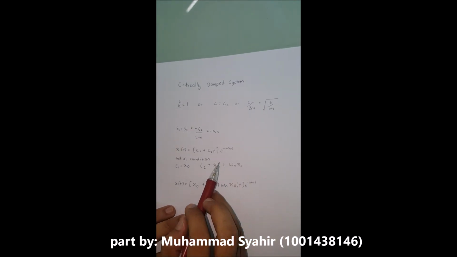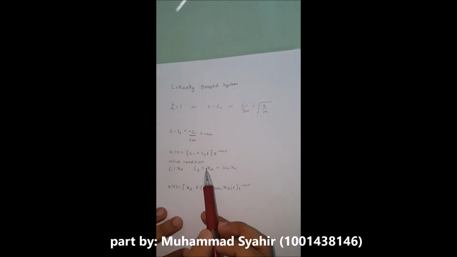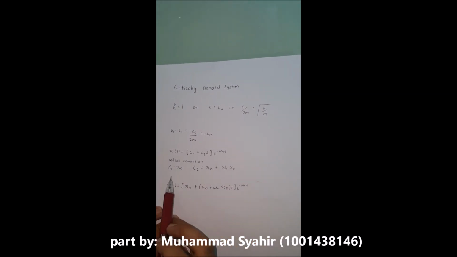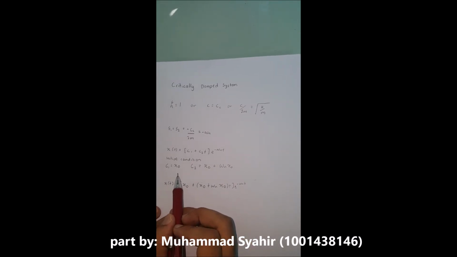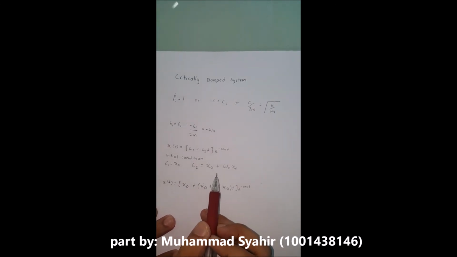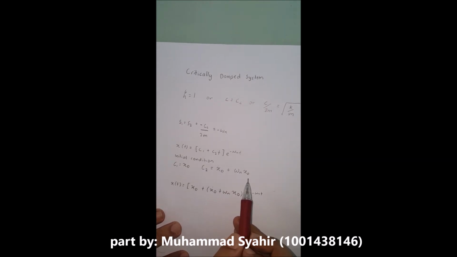For further explanation of this equation, we can take the initial conditions, where C1 equals the initial displacement and C2 equals the initial velocity plus the natural frequency times the initial displacement.